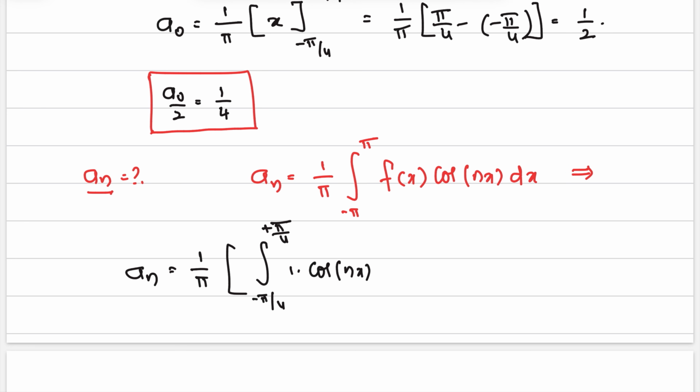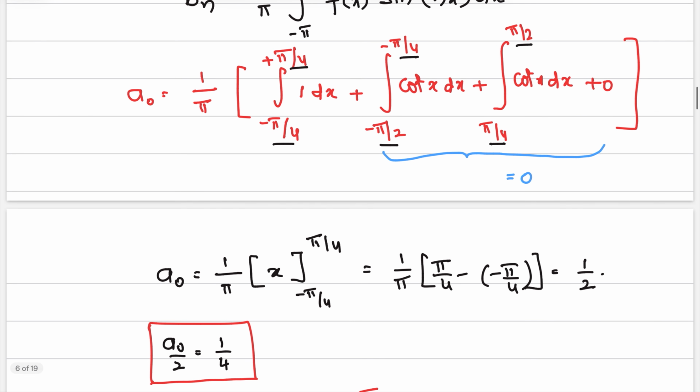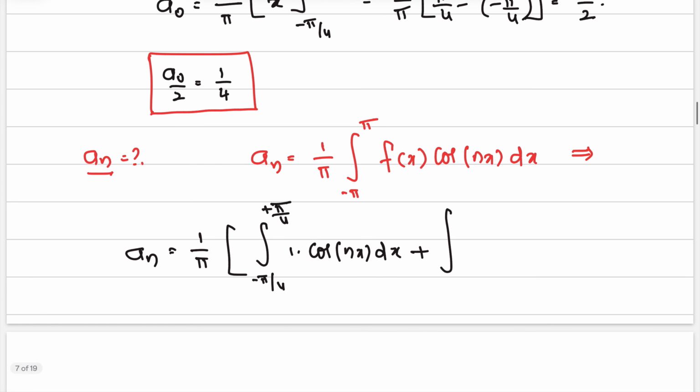Do you agree? It is dx because we are calculating an, not a naught. Then next comes the interval minus pi by 2 to minus pi by 4. These intervals are very important. For that I have shown you the Fourier series animation.